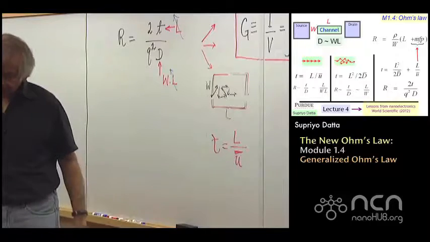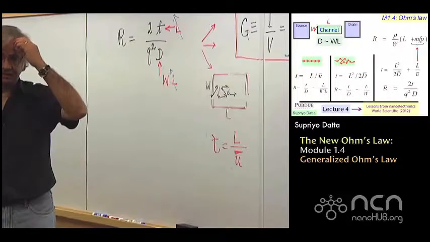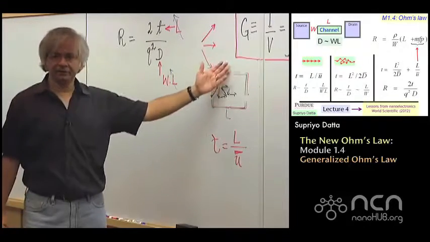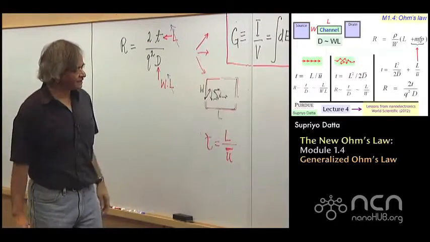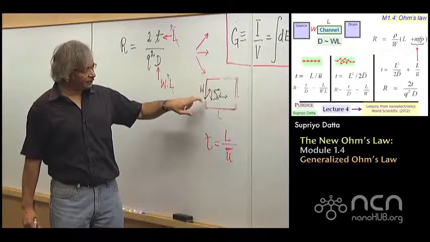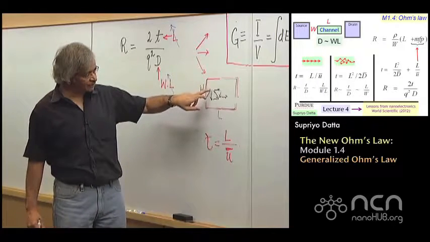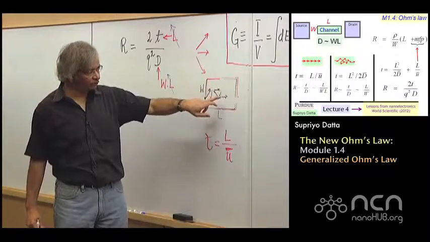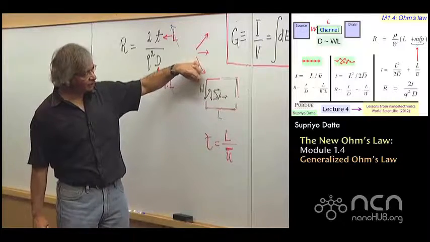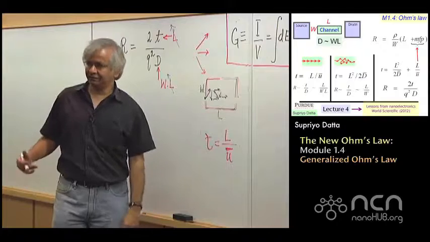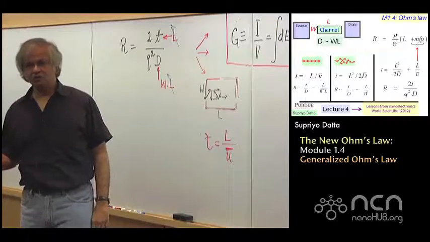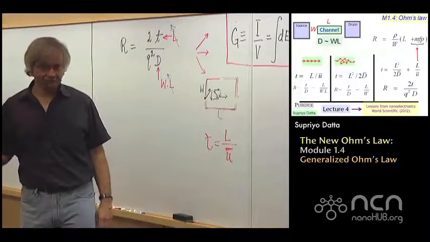So one of the established results, and you can look this up in the discussion of random walks, is that when an electron is taking this random walk, the time it takes to get from left to right is not proportional to length, but rather it's proportional to the square of the length.